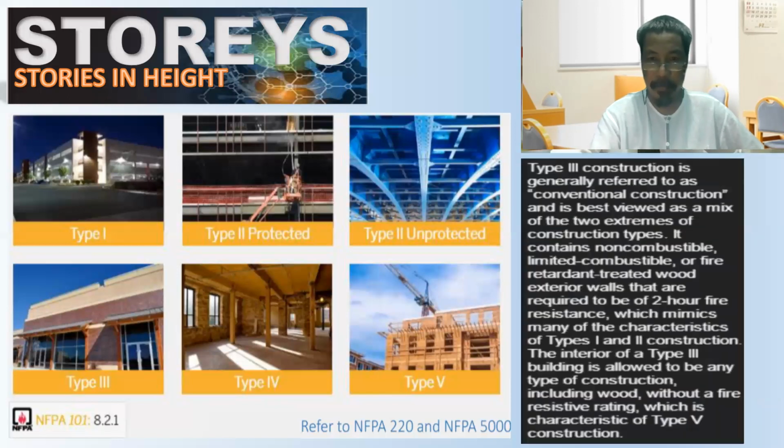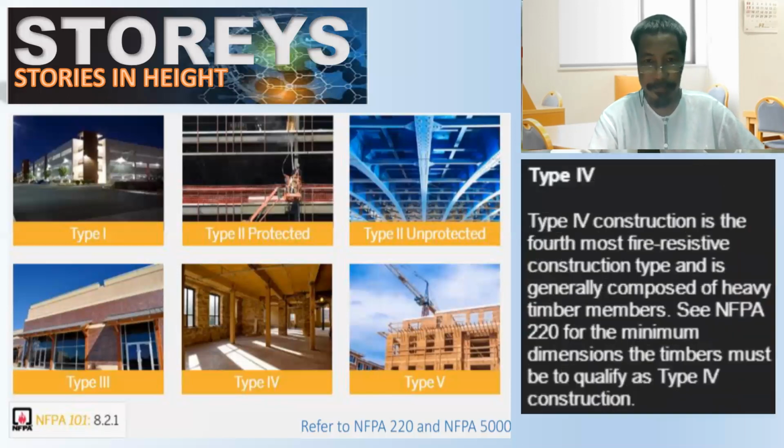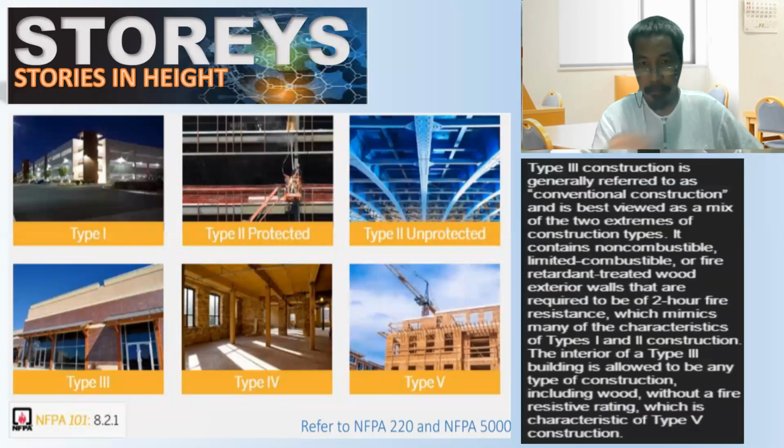What about Type number 3? Type 3 construction is generally referred to as conventional construction and is best viewed as a mix of two extremes of construction types.